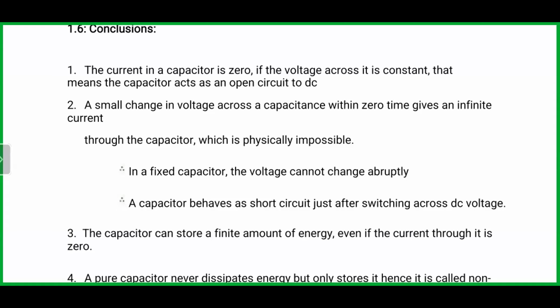A capacitor behaves as a short circuit just after switching across DC voltage. The capacitor can store a finite amount of energy, even if the current through it is zero. You understand? So when you connect a capacitor to an energy source, it will store the energy.